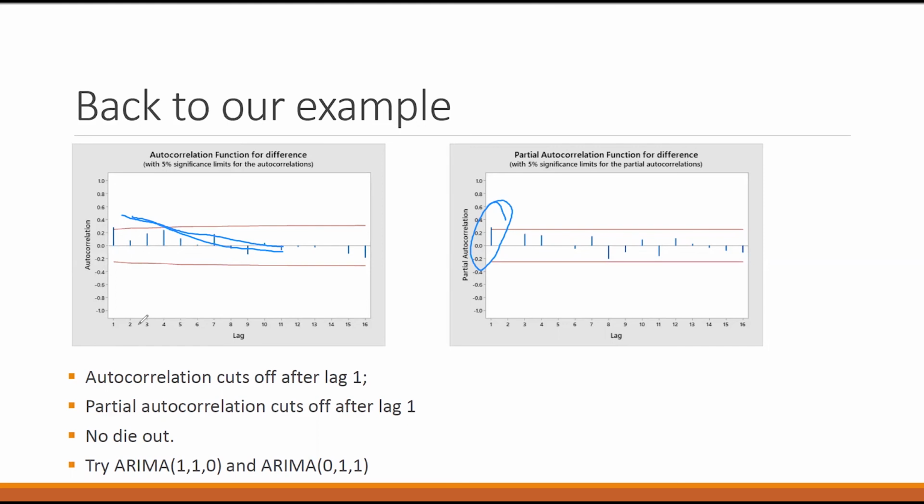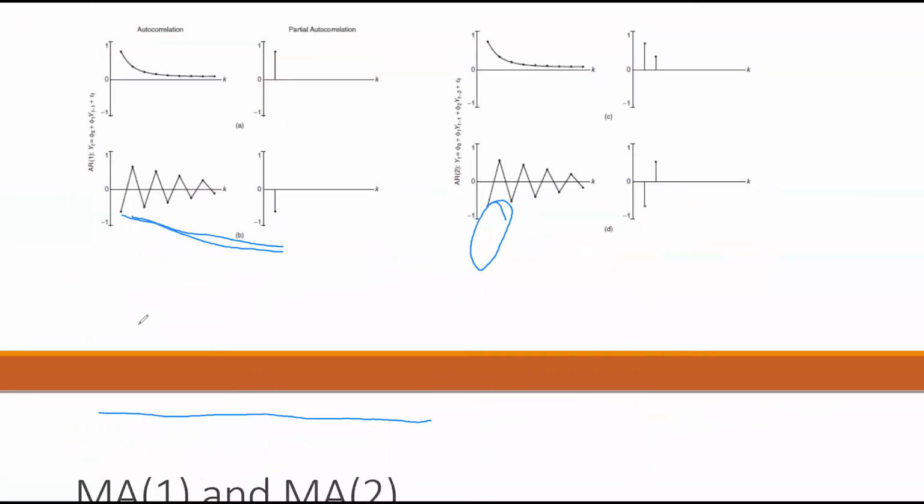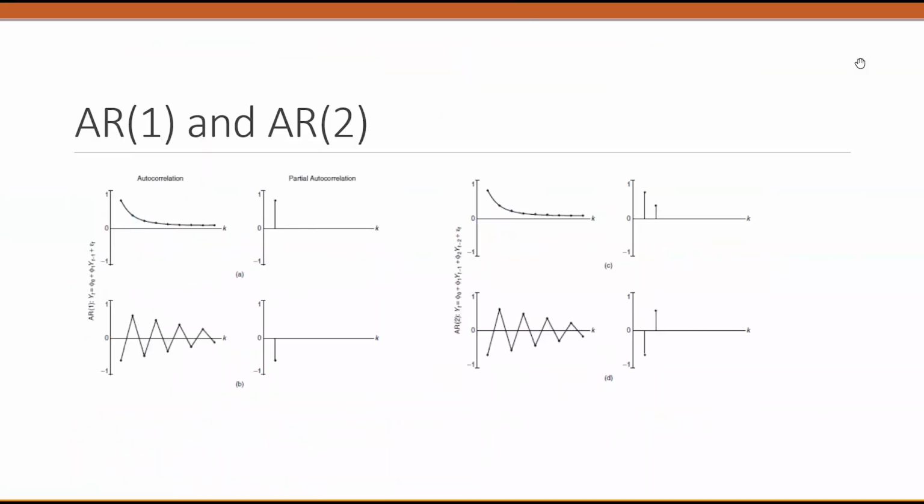So one way to say it is autocorrelation dying off, partial autocorrelation cutting off at lag 1. If that's the case, then going back to the theory, we have an AR process, right? So we could take that as one model.